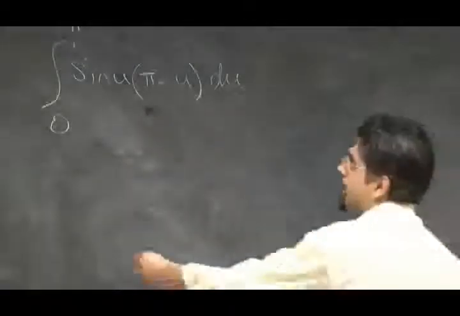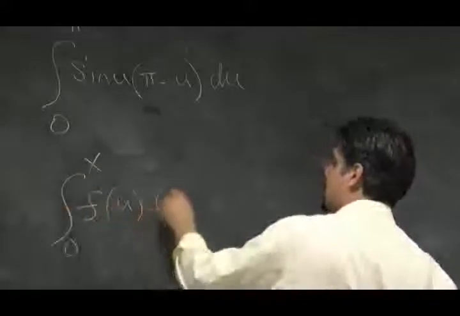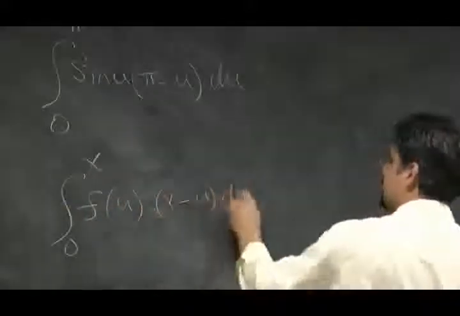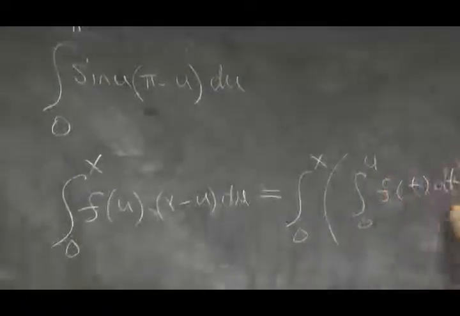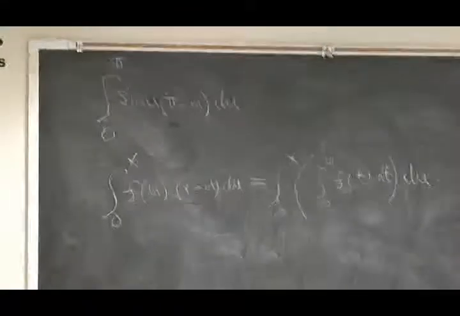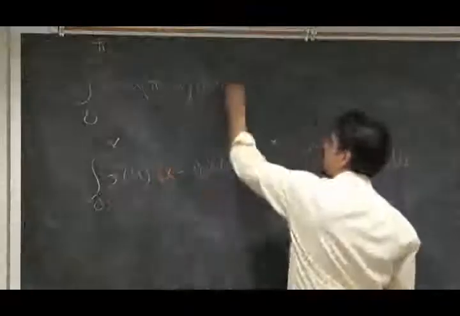And we just proved that the integral from 0 to x of f of u times x minus u du is equal to the integral from 0 to x of the integral from 0 to u of f of t dt du. So is that what we just did? Well, this is the same thing.